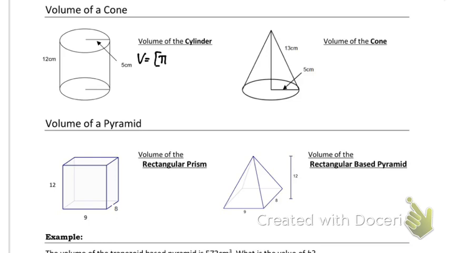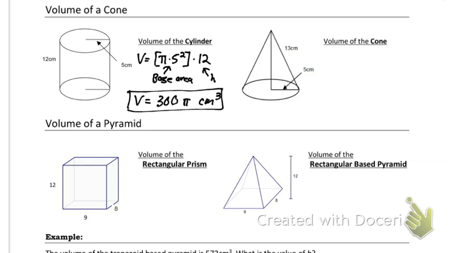So we'd have pi times r squared, which would be pi times 5 squared. And we multiply that by the height. The height of this is 12. Once again, this is my base area times height equals volume. So our volume is going to end up equaling 300 pi centimeters cubed.